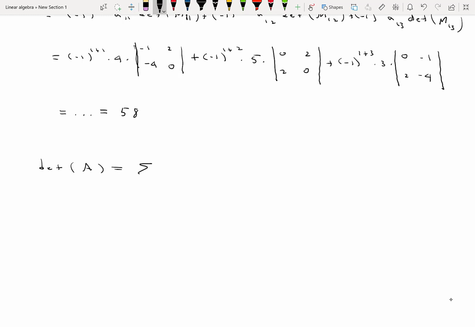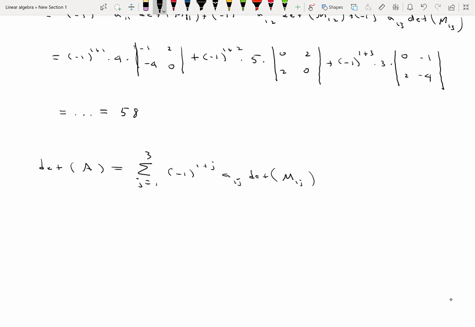It was the sum, j ranges from 1 to 3, -1 to the 1 plus j, a1j, determinant of the 1j minor of A. What I want to do is define something else.